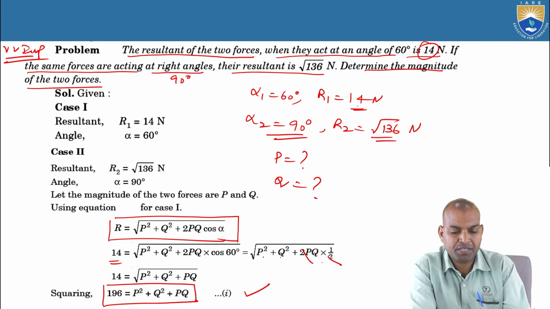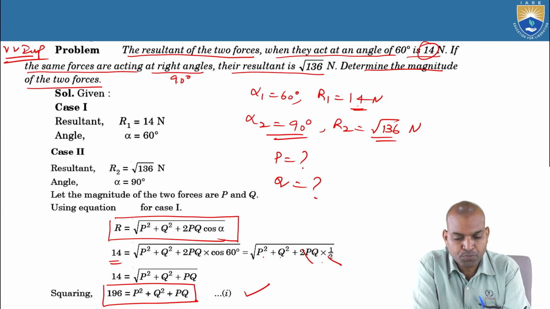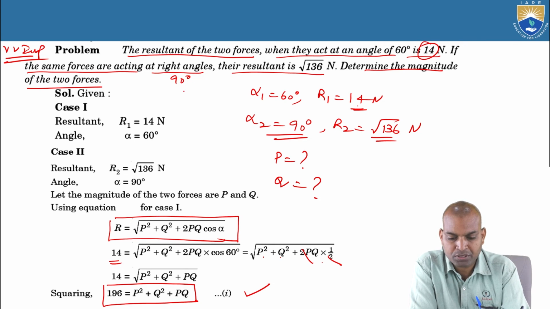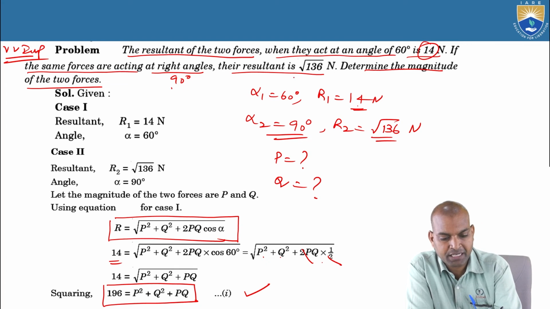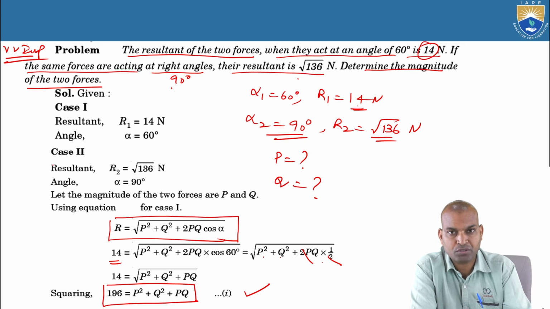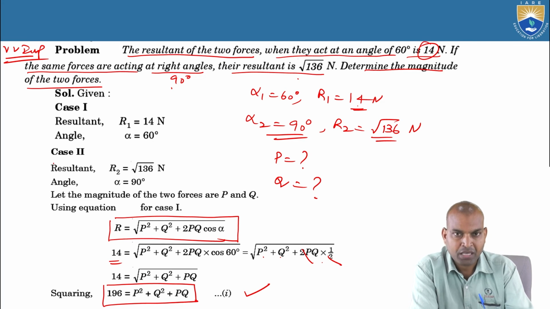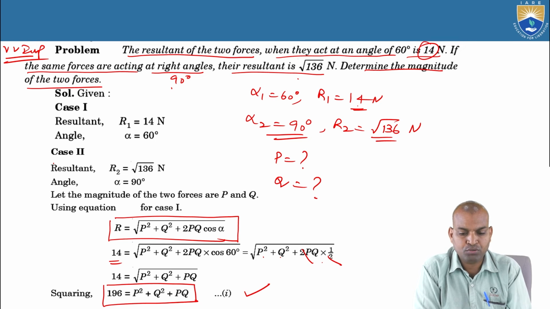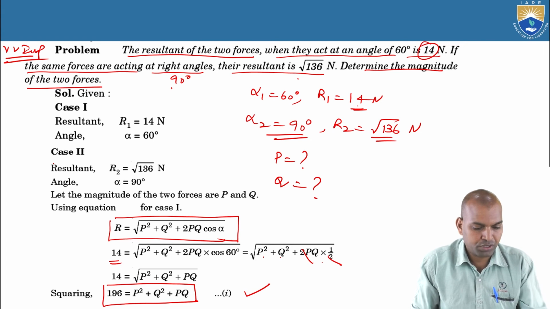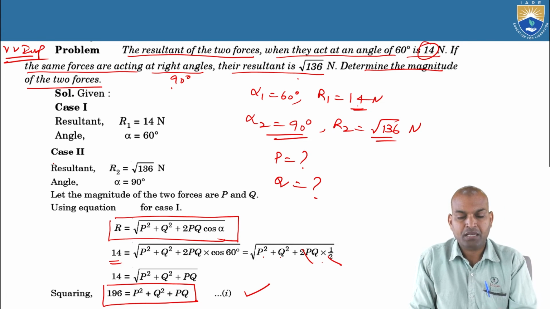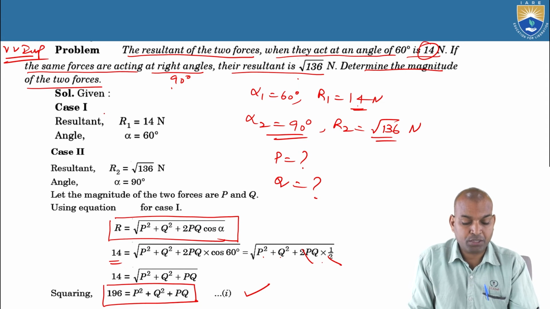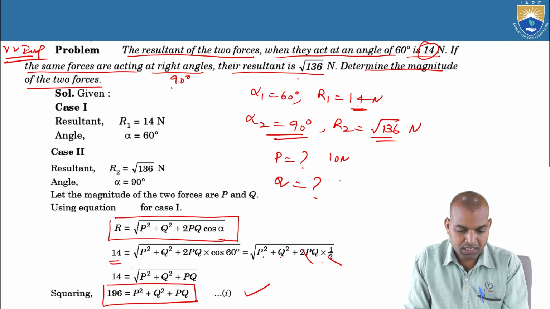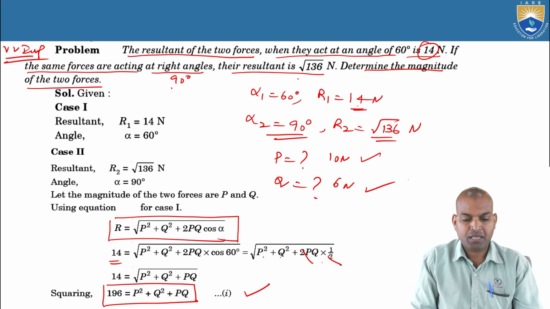Alpha is the input, alpha equal to 90 degrees, and resultant forces are 14 and under square root of 136, the case 1 and case 2. Using case 1 and case 2, we have to calculate the magnitudes of the two forces acting, P and Q. The calculated forces are 10 newtons and 6 newtons.